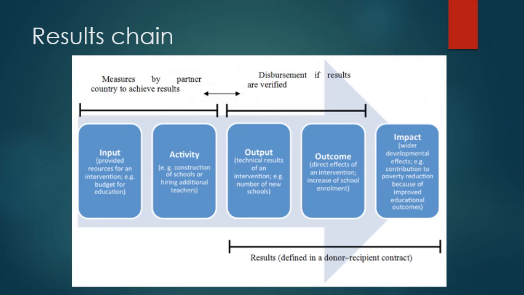An outcome: children are using the toilets instead of open air defecation in a development context. And the impact is a much longer term kind of thing. Five to ten years down the road, you might be able to track improvement in reduction of rates of disease or reduction of rates of poverty, that kind of thing. And that's why outcome mapping targets outcomes, because you can measure them on a shorter term and they're changes in behavior.